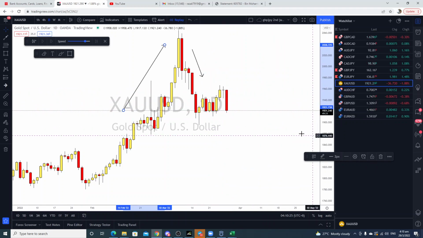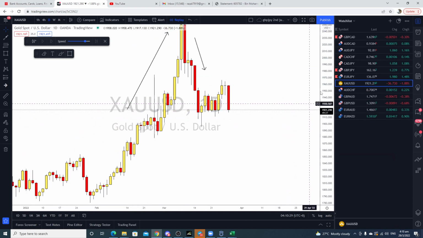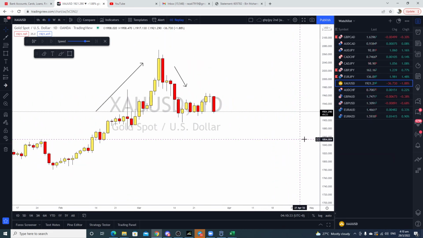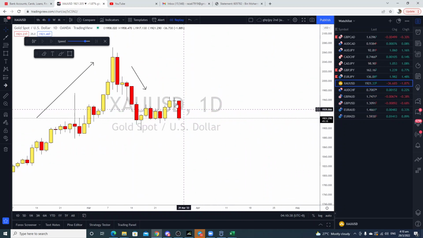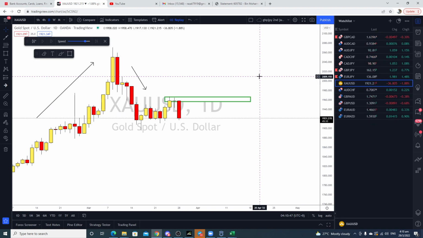buy inside bar breakout. Okay, so in this case for gold, right, look more for a sell unless price goes beyond this candle and pushes higher. That's a different story. Okay, but still look for a sell.